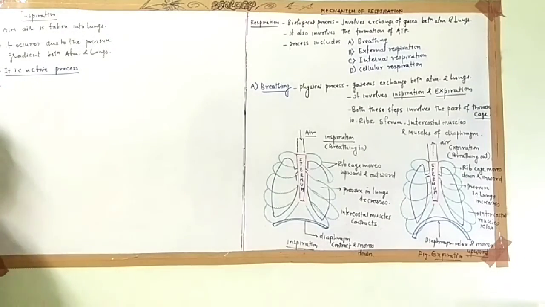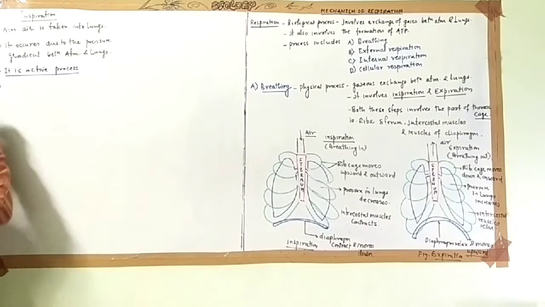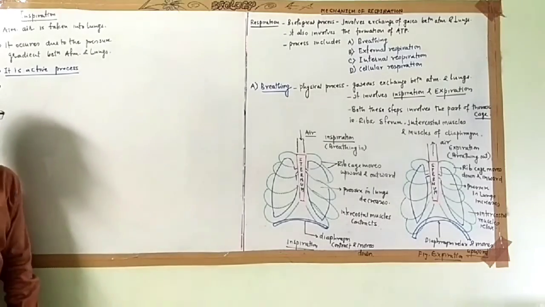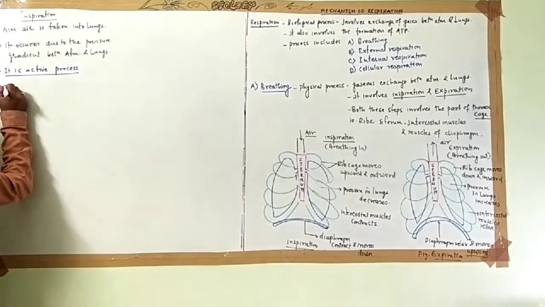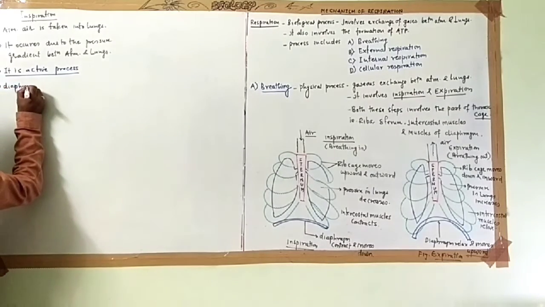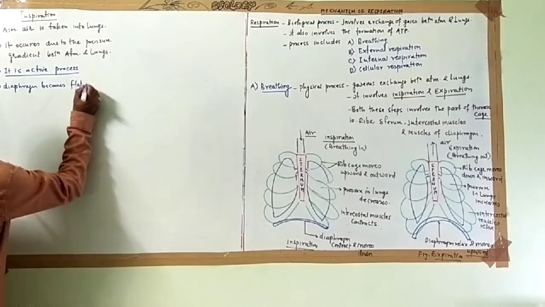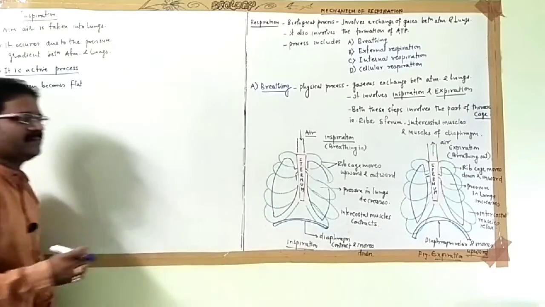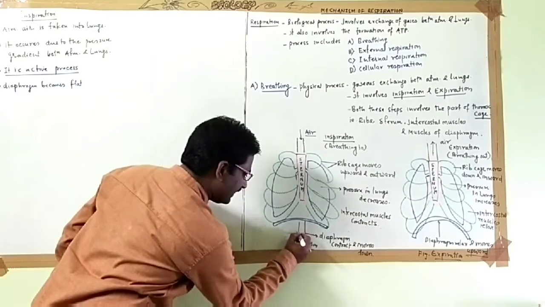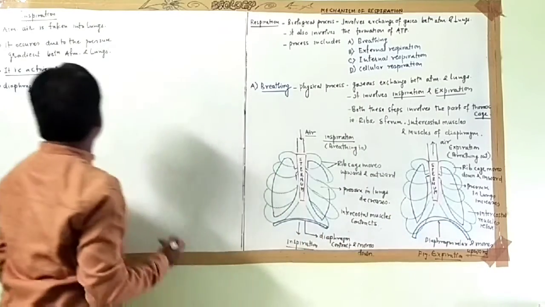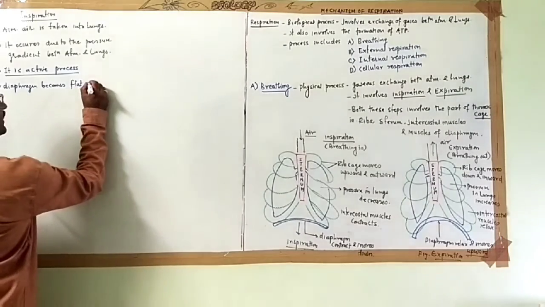The first one is, diaphragm becomes flat and goes downward. Okay, this diaphragm becomes flat झालेला आहे, and goes downward, आणि खाली गेलेला आहे, आणि हा डायफ्राम इकडे वर गेलेला आहे. ठीक आहे, डायफ्राम बिकम्स फ्लॅट अँड गोज डाउनवर्ड.